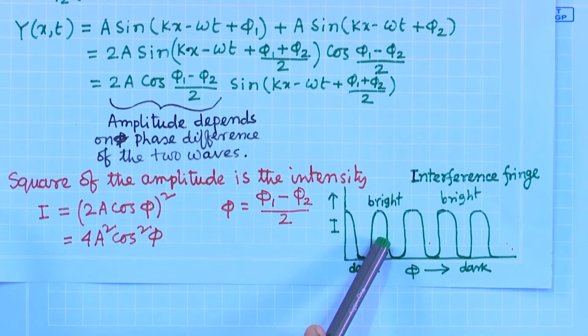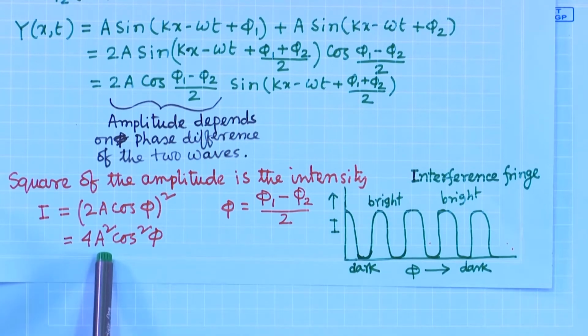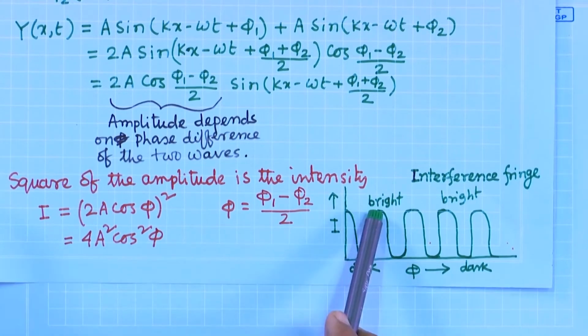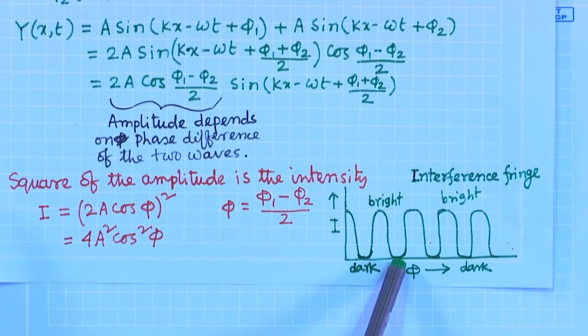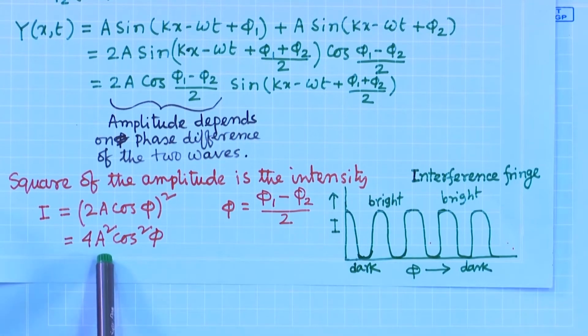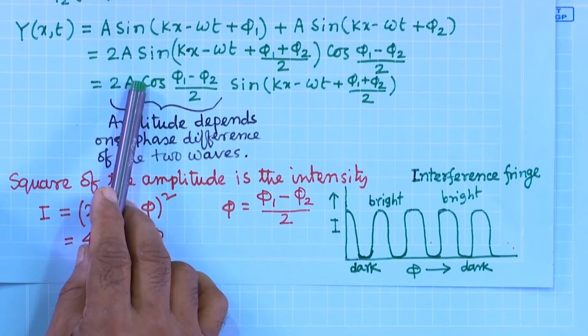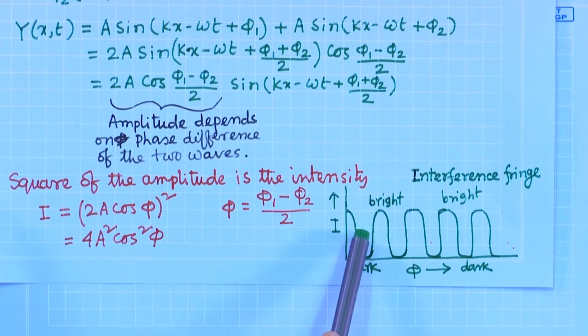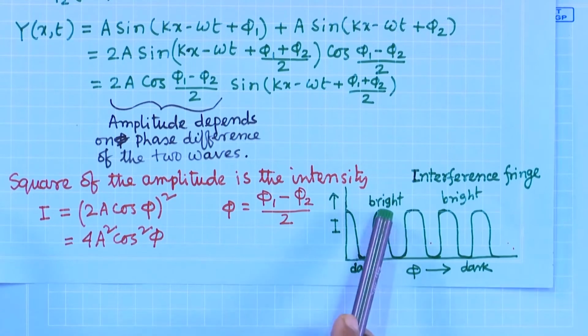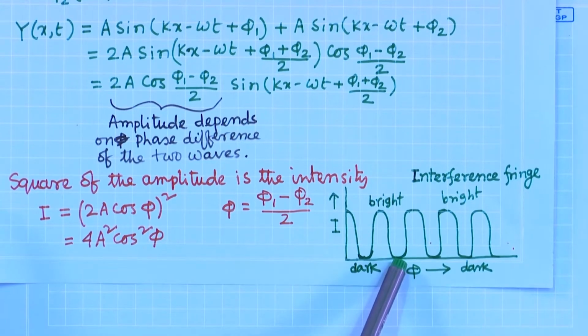The bright intensity is 4 times the square of the amplitude, and in the dark it is 0. If the amplitudes of both waves are equal, the contrast is better: we get the highest intensity as well as the lowest intensity, which is 0.